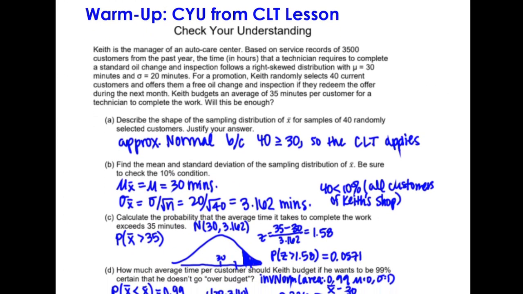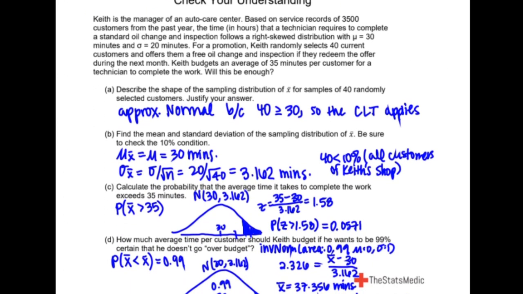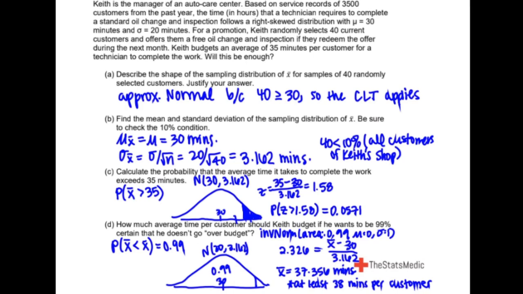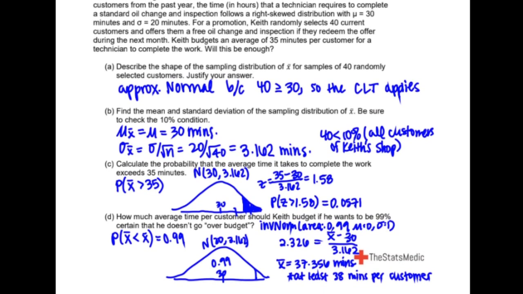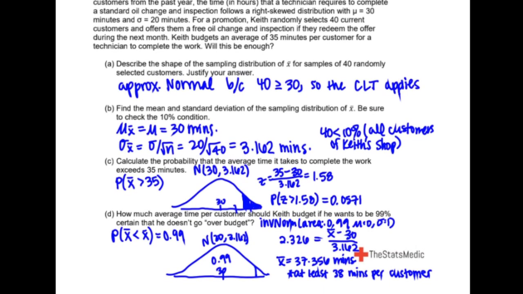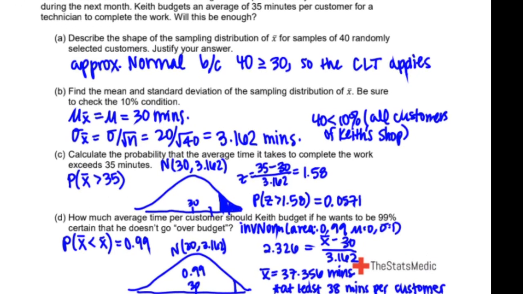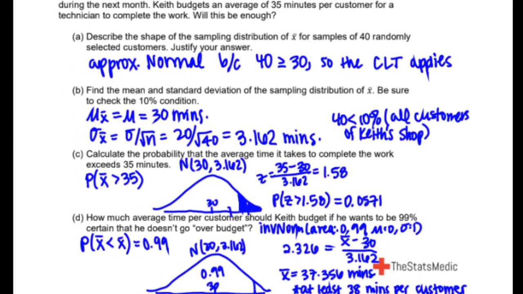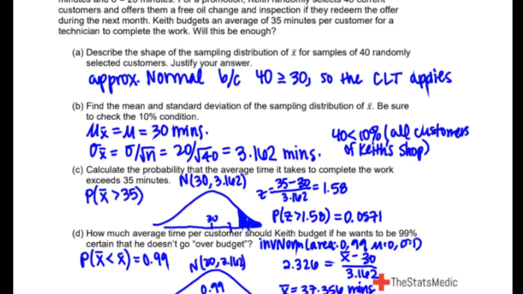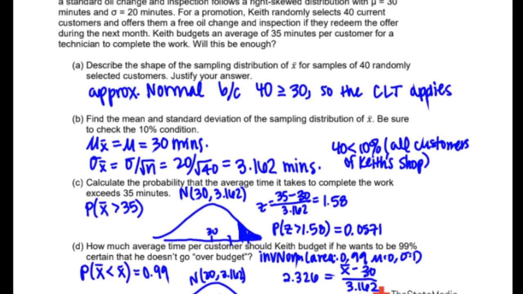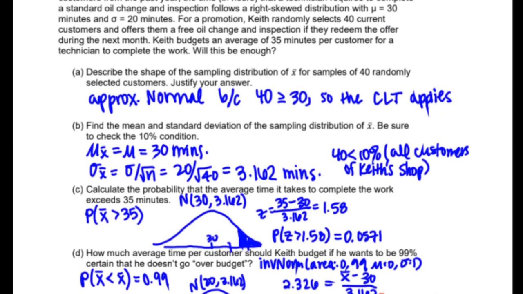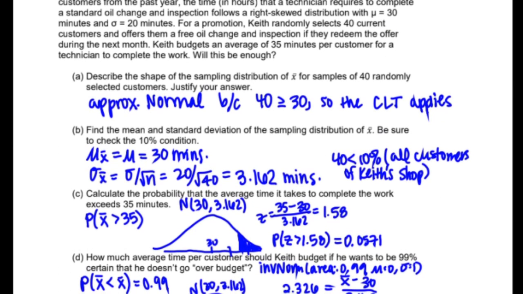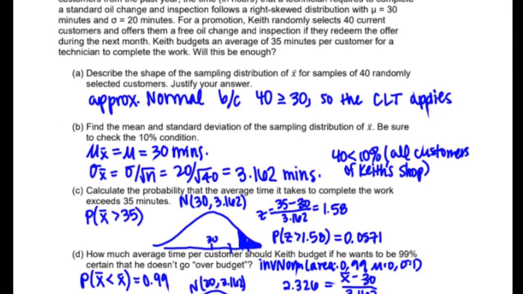All right, so hopefully you were able to refresh your memory on how to do these sampling distribution problems. The main thing is on letter A: the problem said that it follows a right skewed distribution, but when we sampled 40 customers, that is greater than 30 and the central limit theorem will apply.